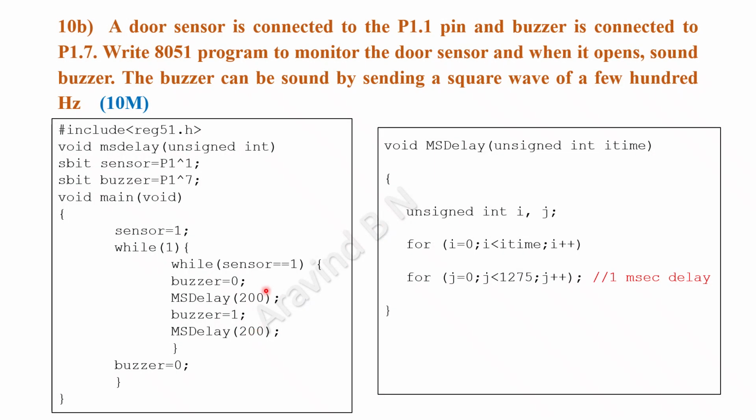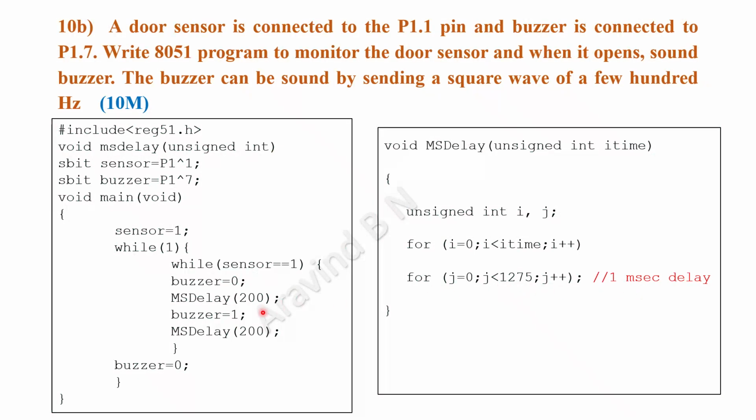In case the sensor value is equal to 0, the door is closed, then it won't execute this part of the program. It will directly come to here where buzzer value is equal to 0. The ms delay is a delay subroutine that is written over here, and once this routine executes, it generates 1 millisecond of delay through this for loop.